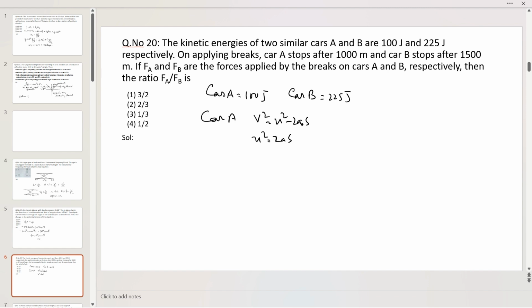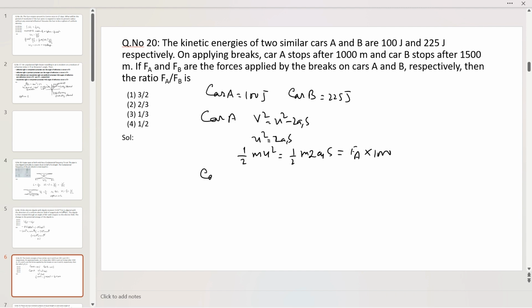Let this be a1 for car A. So half m u square is equal to half m 2a1s. So here 2 cancels out. This becomes equal to FA into s. Your s is 1000 meter.